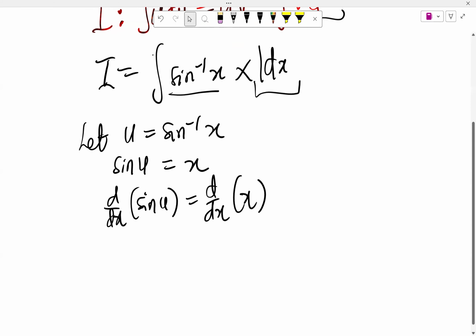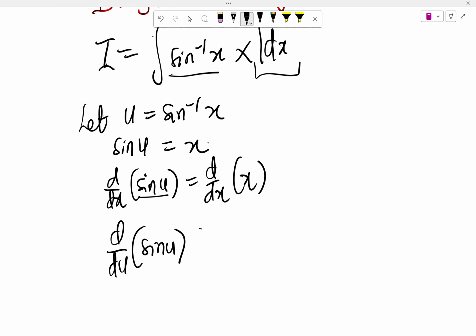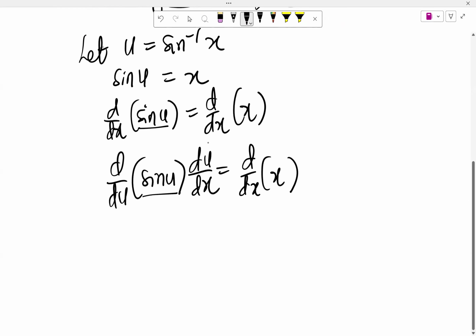It's difficult to just do d dx of sine u, so you can do d du of sine u multiplied by du dx, so that du cancels, and you still have your d dx. And that is equal to d dx of x. So we can go ahead now. d du of sine u is the derivative of sine u, which is simply cos u, times du dx, and d dx of x is simply 1.